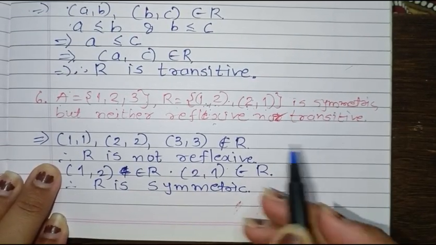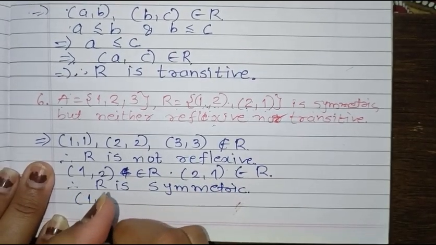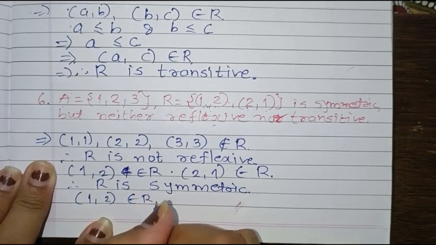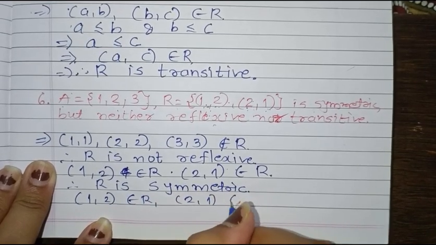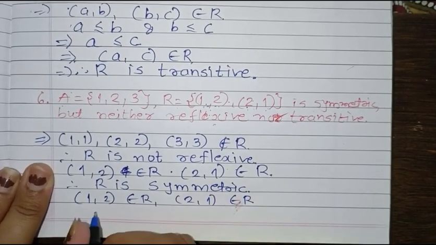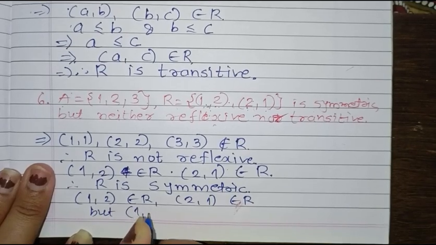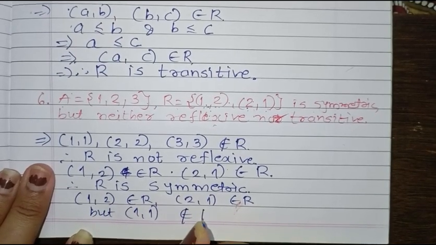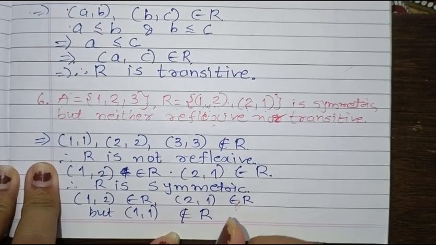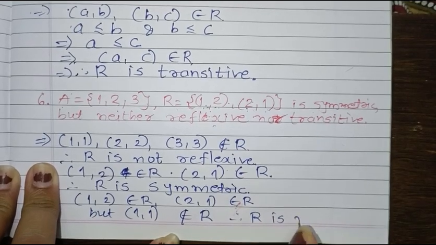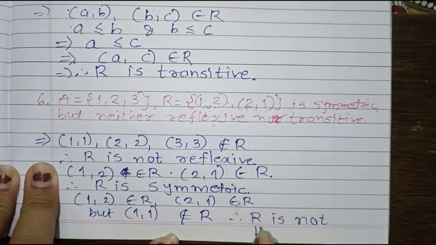Next, for transitiveness, here (1, 2) belongs to R, (2, 1) belongs to R, but (1, 1) does not belong to R. Hence, R is not transitive.